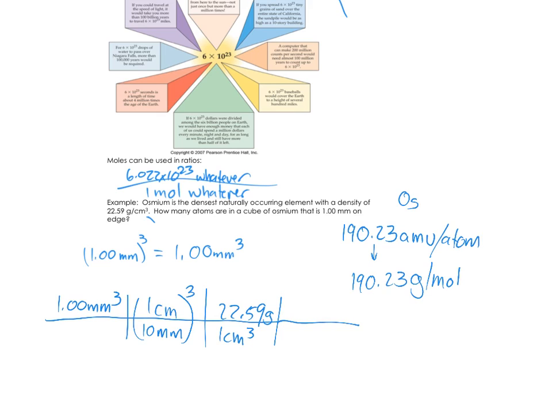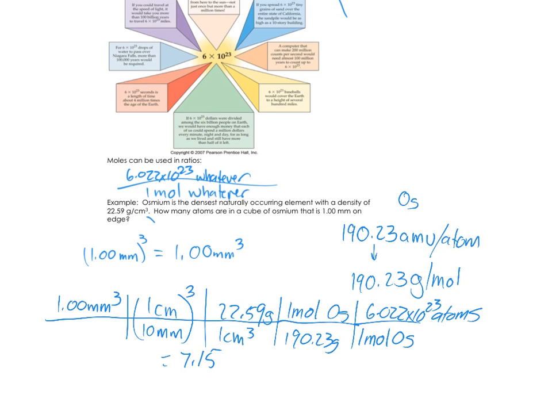Now I can go to molar mass. So for every 190.23 grams, I have 1 mole of osmium. And then for every 1 mole of osmium, I have 6.022 times 10 to the 23rd atoms of osmium. Multiply across the top, divide by the bottom, and I end up getting 7.15 times 10 to the 19 atoms.